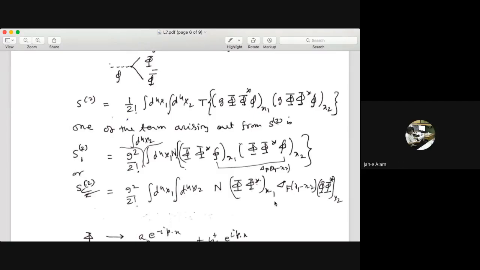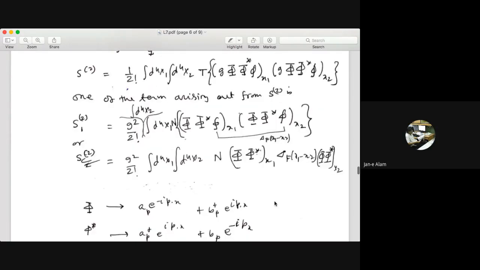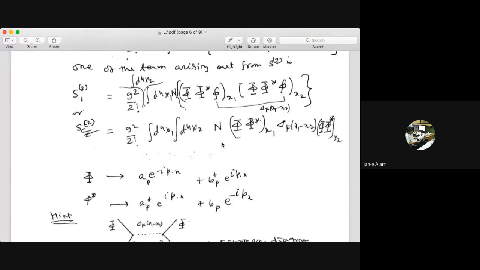So phi can create an antiparticle or annihilate a particle. Phi star can create a particle and annihilate an antiparticle, right? So that is happening at x1. Then from there, this small phi particle is going to x2 and producing particles at point x2.